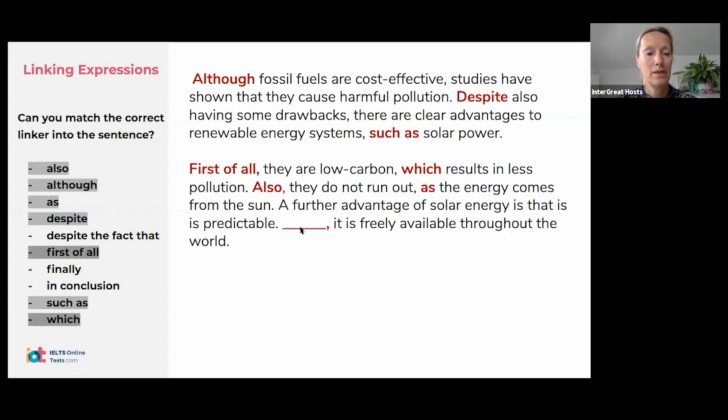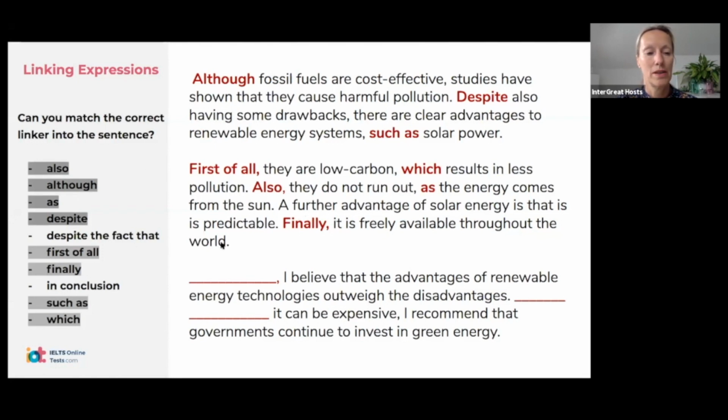The next one. Yeah. Sorry, so finally, yeah. So this is a really good example of sequencing, using sequencing expressions. So first of all, you could say secondly here, but we just said also, you're adding information. And then finally, right? So I think that's really clear.